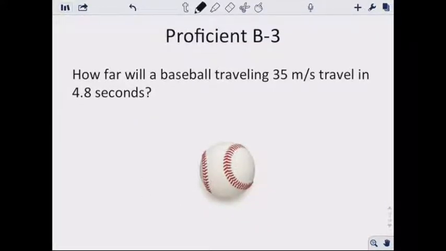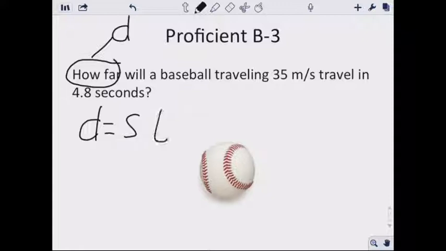Next question. It says, how far will a baseball traveling 35 meters per second travel in a 4.8 second time period? So when we're looking at this, how far is going to mean distance. So we know that our distance equation, distance is going to equal our speed times time.